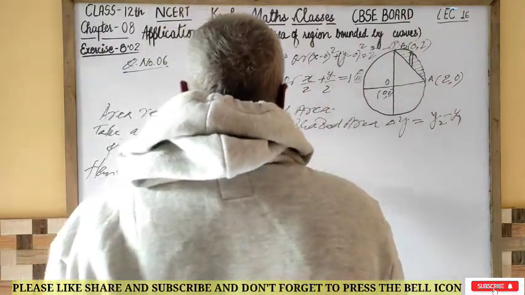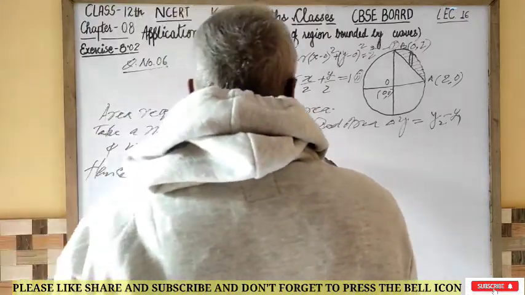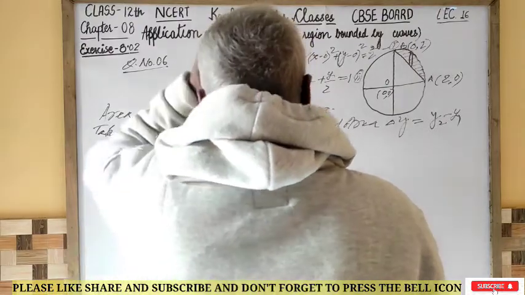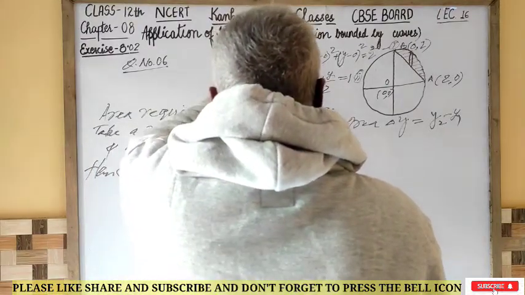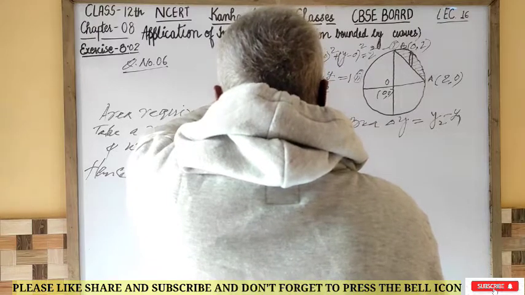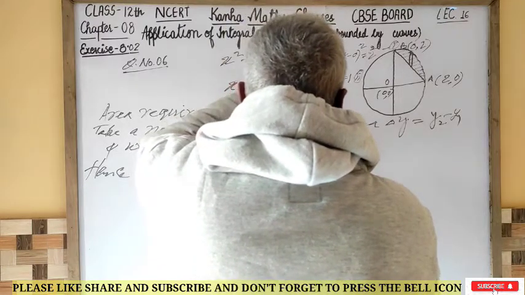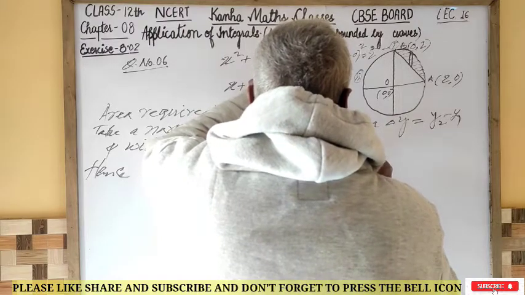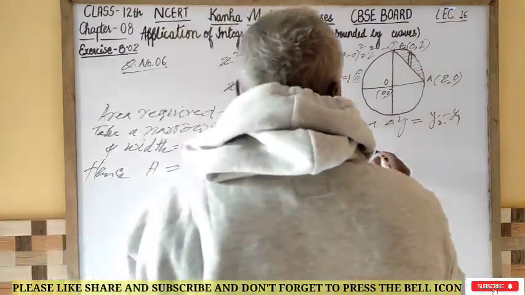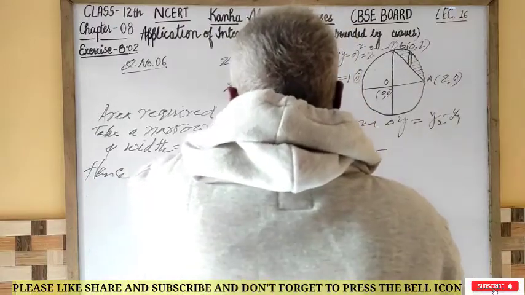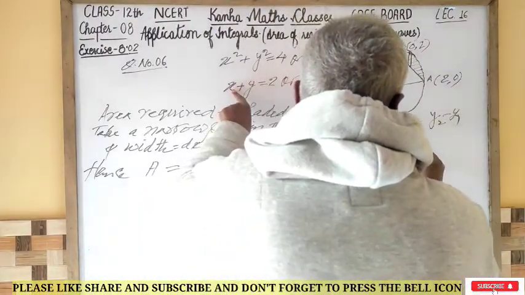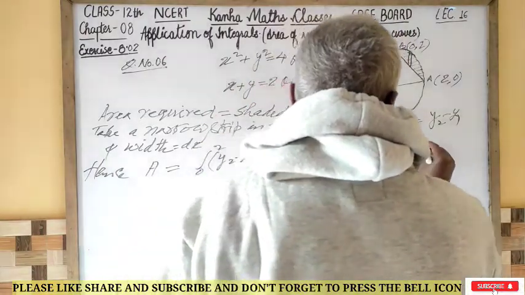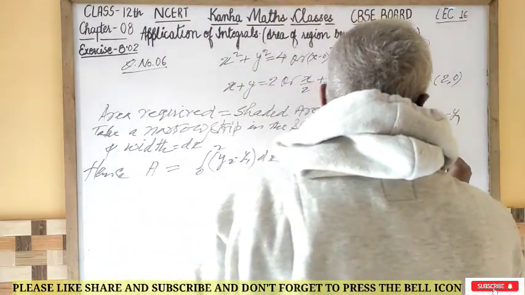This will be equal to the integral from 0 to 2, where y2 means y square is equal to 4 minus x square, so y is equal to under root 4 minus x square, and y1 means 2 minus x, and this is dx.